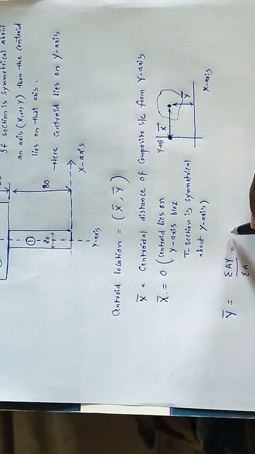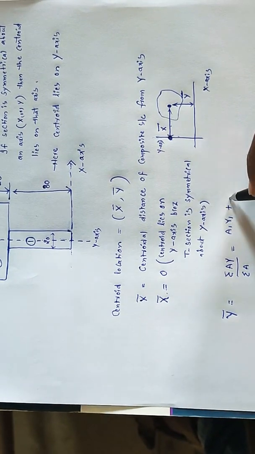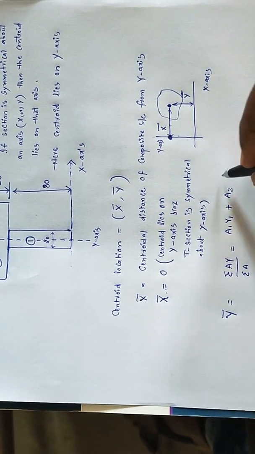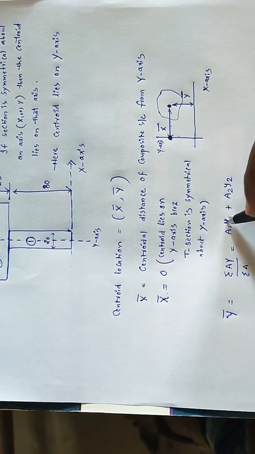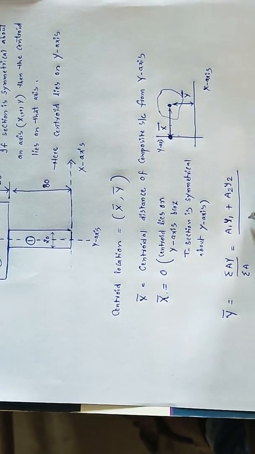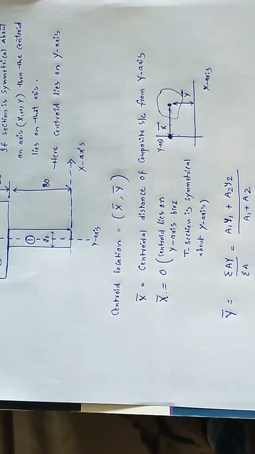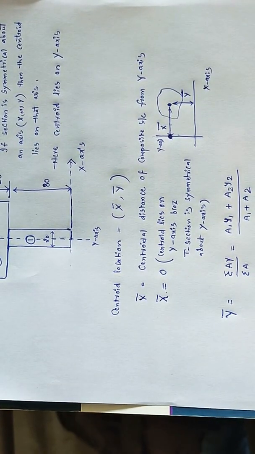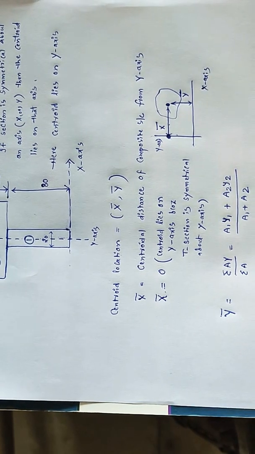That means a1 y1 plus a2 y2, since we have two elements, divided by a1 plus a2.